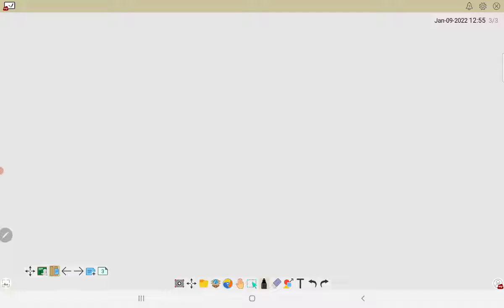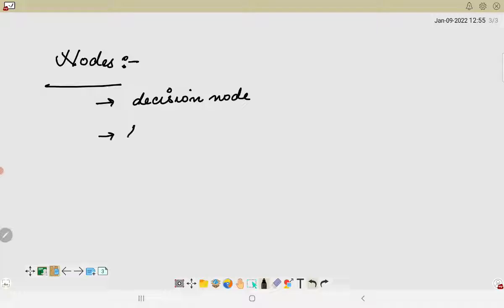Talking about the nodes of a decision tree, since we have already considered the internal nodes, these nodes are basically of two different types. One is the decision node and the other one is the leaf node. We have already talked about this briefly a short while ago, but again we will be discussing it.